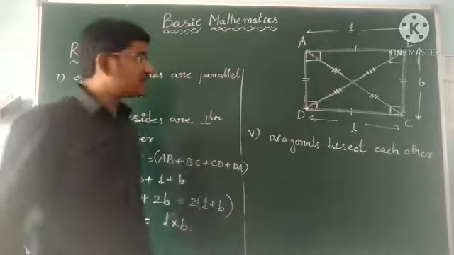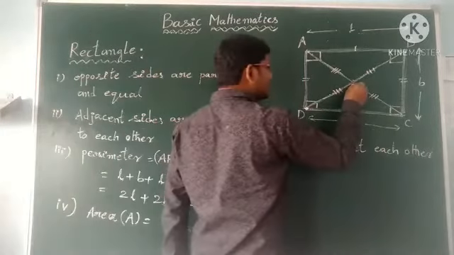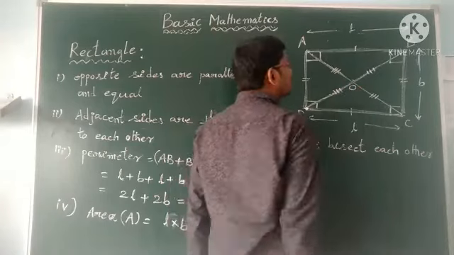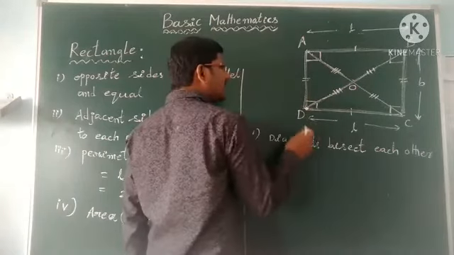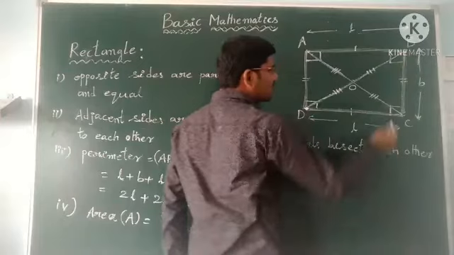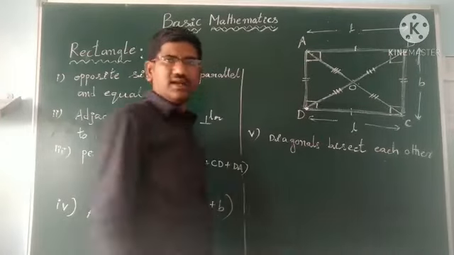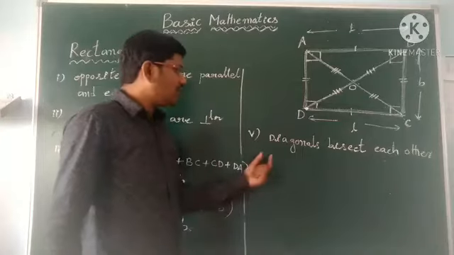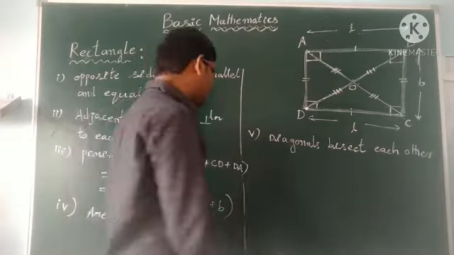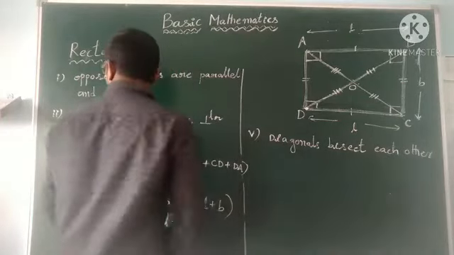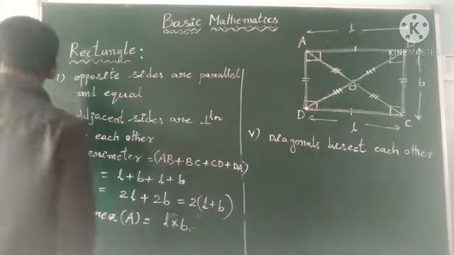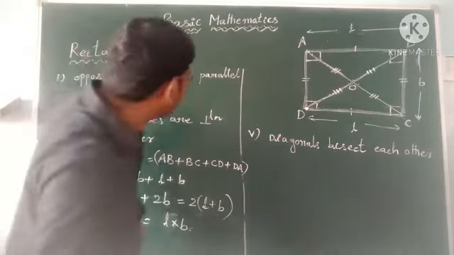If the intersecting point is called O, then OD is the same as OB, and similarly OC is the same as OA. Now diagonals bisect each other I have written. Now the length of the diagonal I want to write.